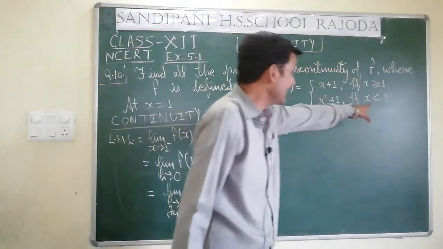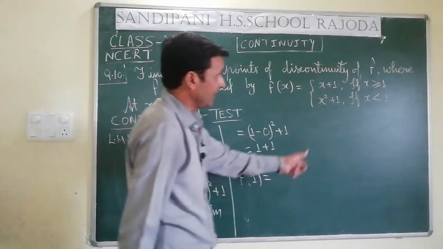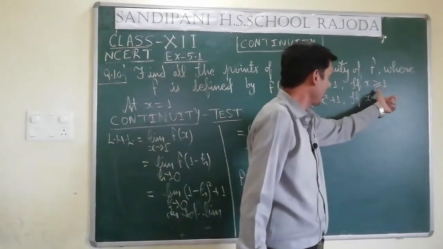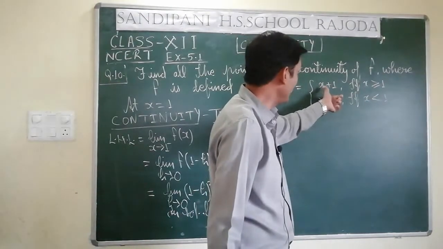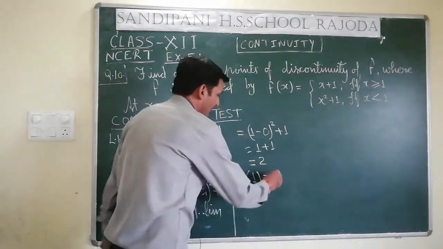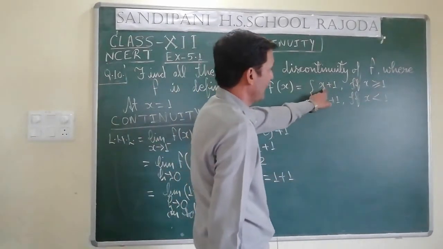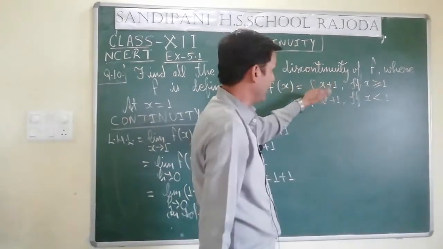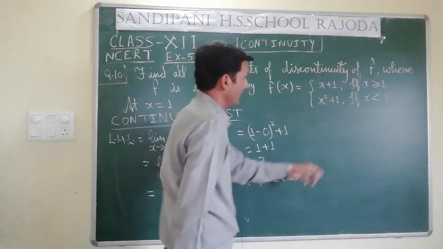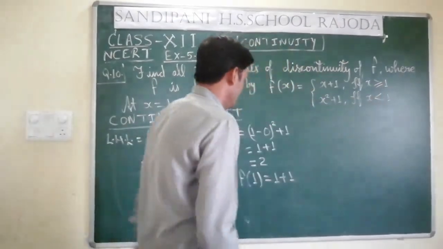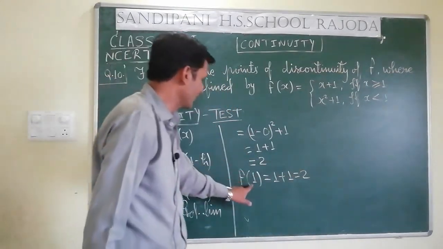LHL means it is less than 1 and RHL means greater than 1. So, for f of 1, for x equal to 1, this is the given function, and here we have to write 1 in place of x. So, it will be 1 plus 1 directly, because in place of x we have to directly write 1 in this part of the function. So, 1 plus 1, because here it is only an equal to sign. So, f of 1 is equal to 2, means LHL is equal to f of 1.